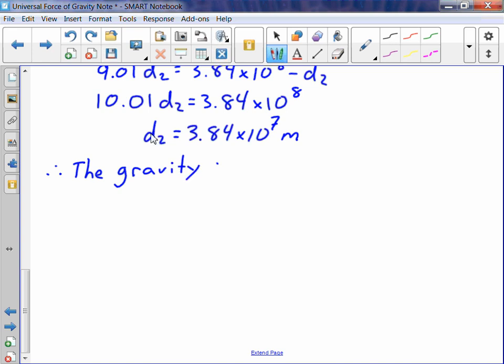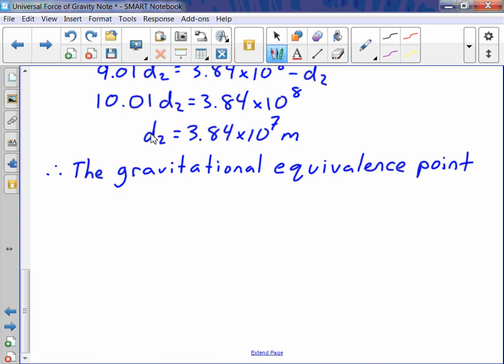Because you have one digit less than the total distance. You subtract that, like 10,000 minus 1,000. Are you closer to the moon or to Earth?